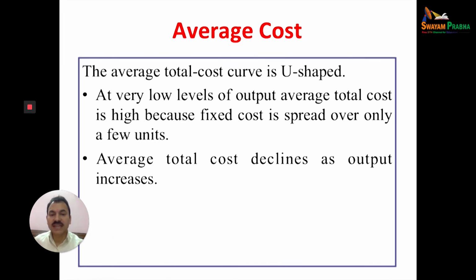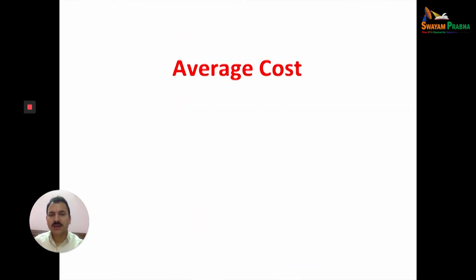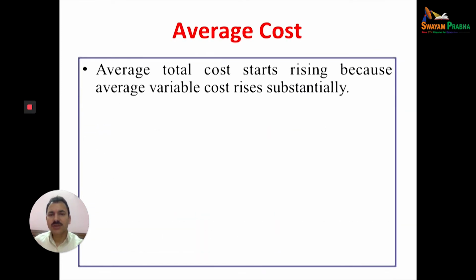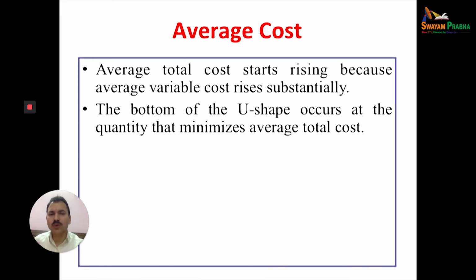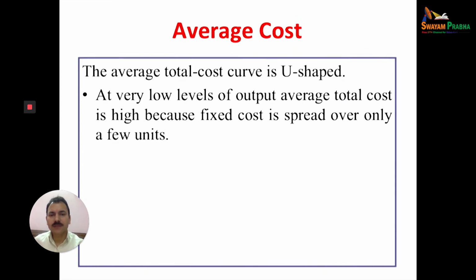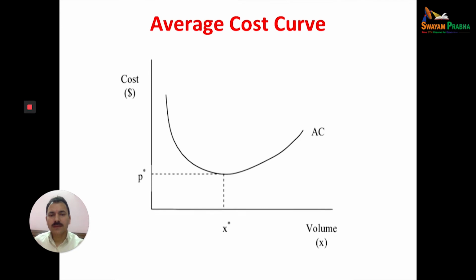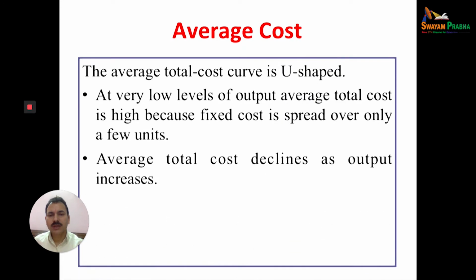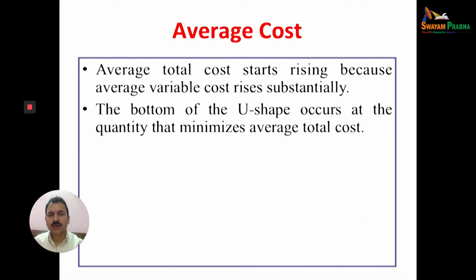Average total cost declines as output increases, and then starts rising because average variable cost rises substantially. The bottom of this average cost curve shows the minimum cost. Beyond this point, if you want to produce more, it will start increasing.